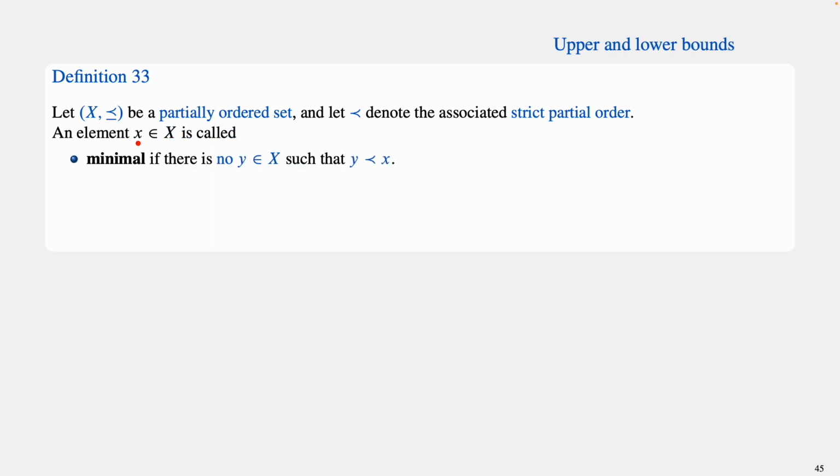An element X in our set big X is called minimal if there's no element Y such that Y is strictly less than X. The element X is called maximal if there's no other element Y such that X is less than Y.